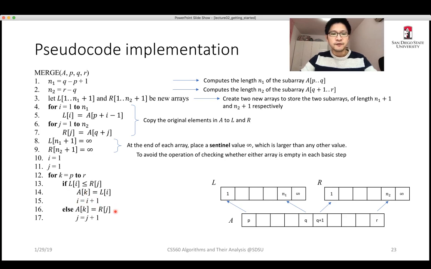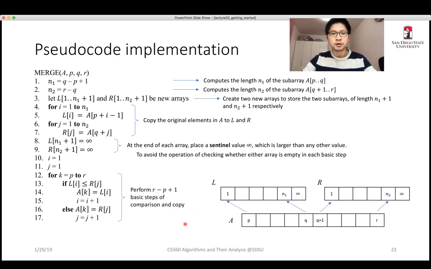And if it's the other case, if the smaller one is in R, then we copy the element in R back to the corresponding position in A[K], and then we increment the index in R, which is J, by 1.